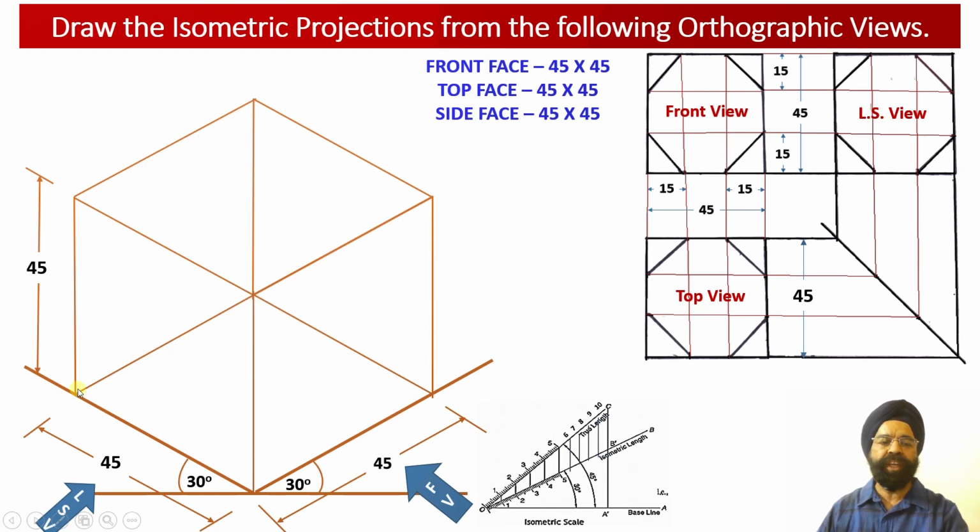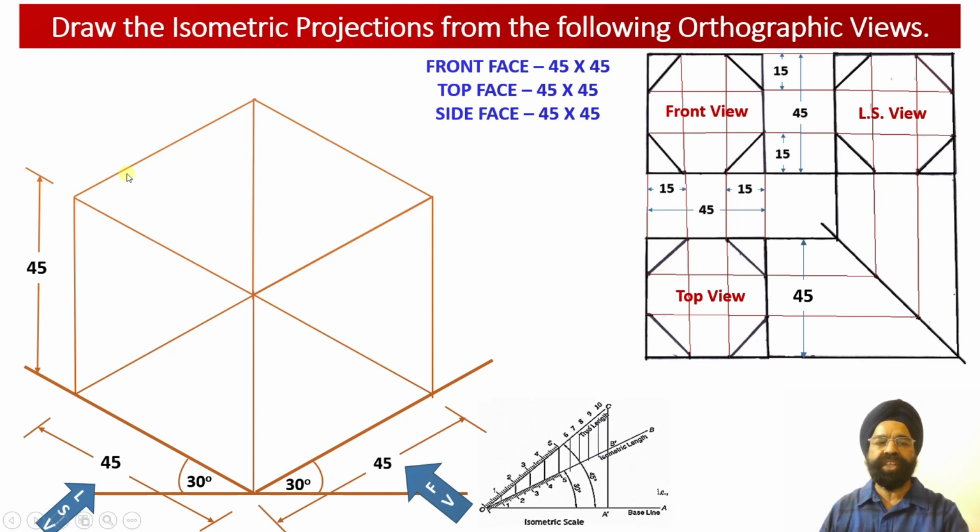So we know that from these four corners of the left hand side view face we need to measure distances of 15 millimeter from the corner points over here. Similarly, on this front view face, from these four corners, once again we are going to mark 15 millimeter from each one of these corners so that we should be able to locate the corner points corresponding to the inclined surfaces.